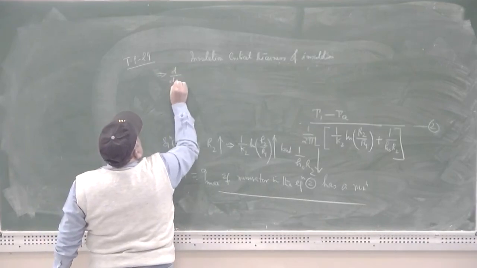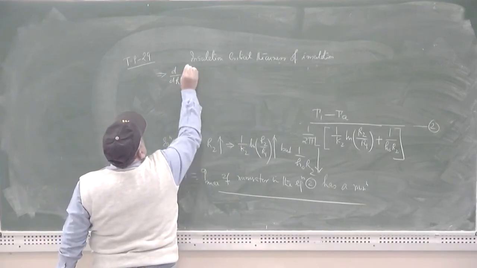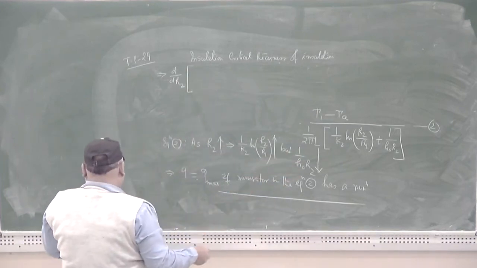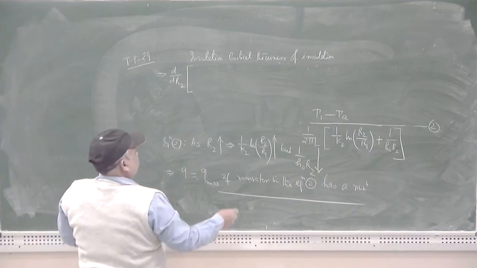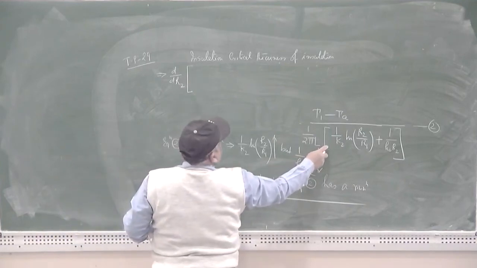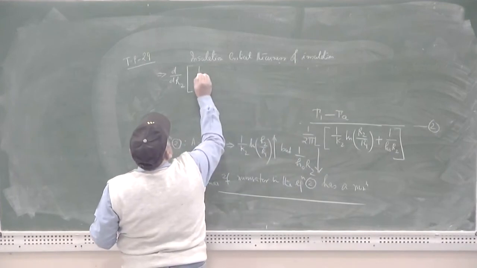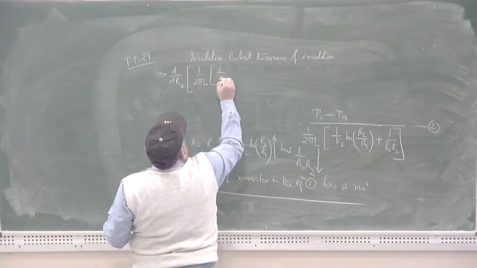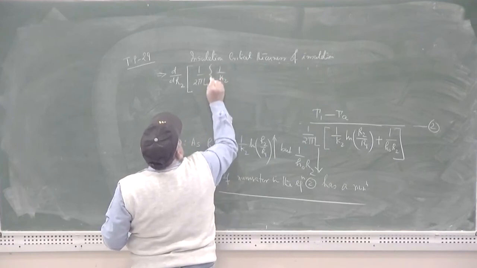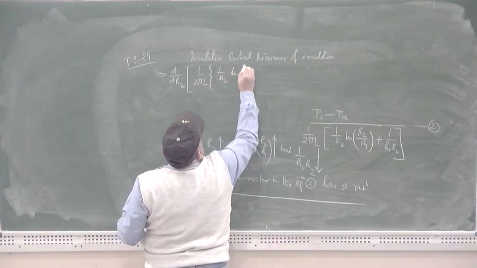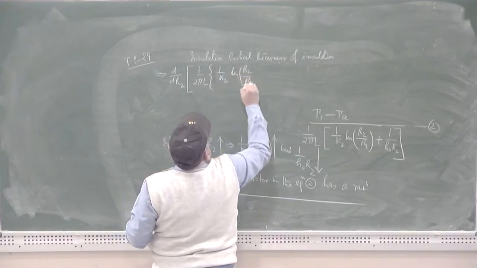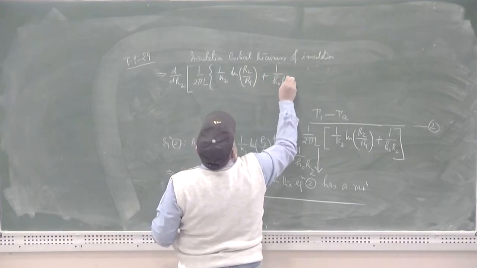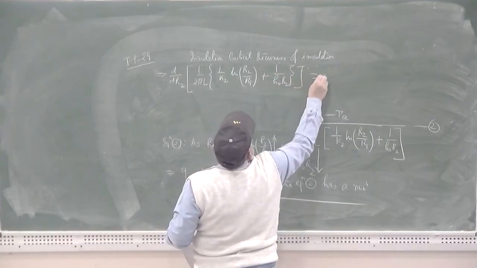The requirement is d by dR2, because R2 is a variable, of this quantity, 1 by 2 pi L, 1 by K2 ln R2 upon R1 plus 1 upon h0 R2, that should be equal to 0.